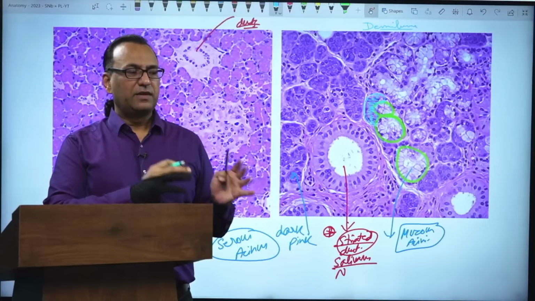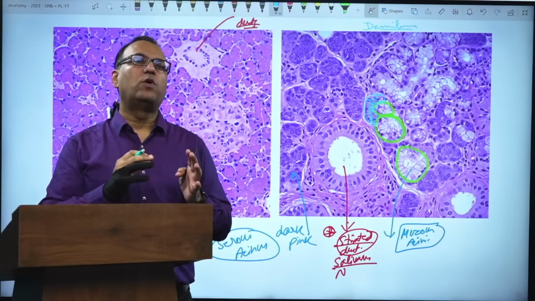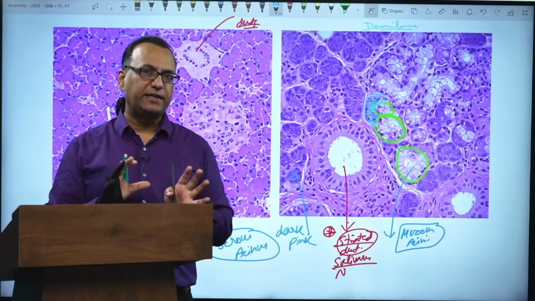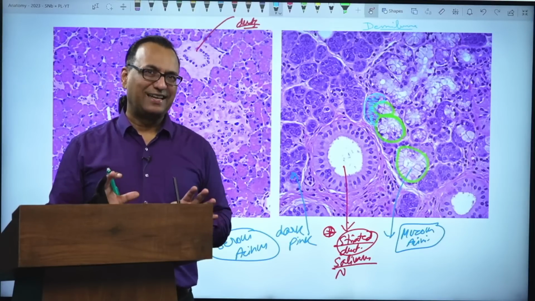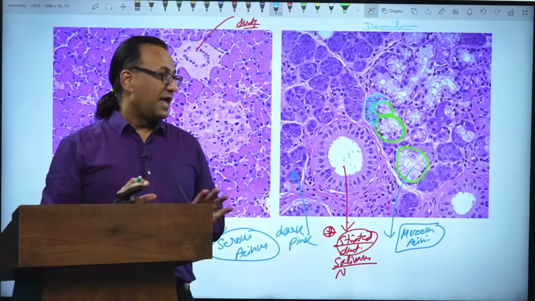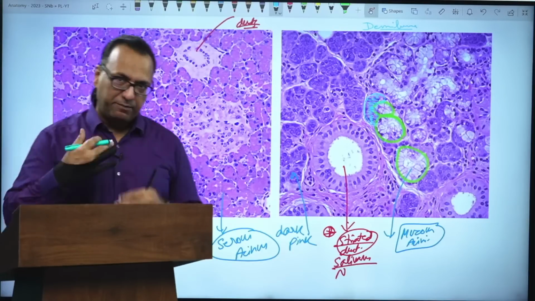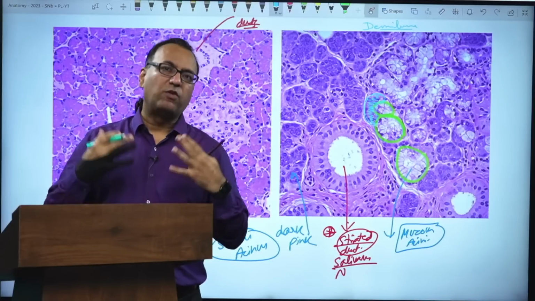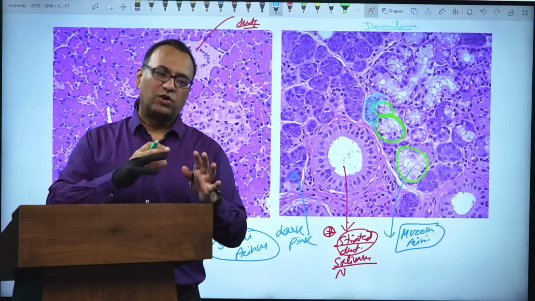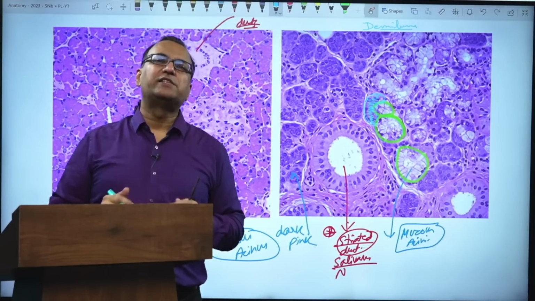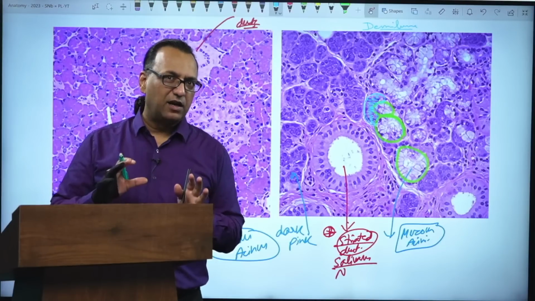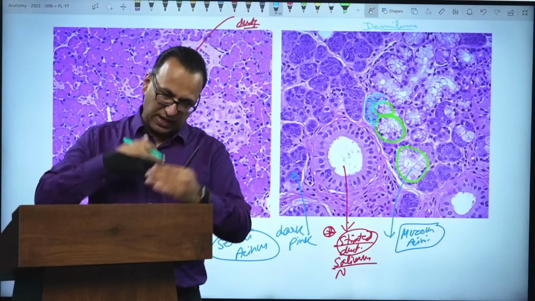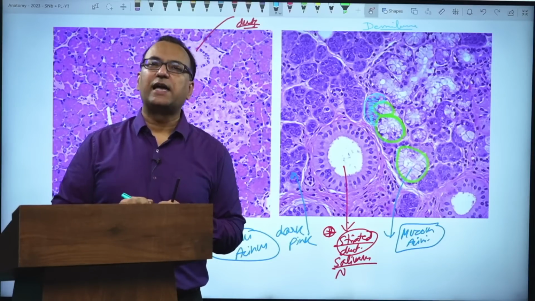INI-CET examiners are the people who are at AIIMS, the professors who have almost 50 years of experience in teaching. They prepare questions for you, and these are the same examiners who have been preparing such questions for 20 years, and I have been watching them. So when you go through the previous year questions, you get an idea of what they are interested in asking and what they'll be asking in the next coming exam.